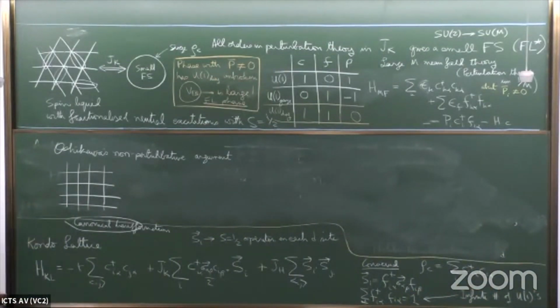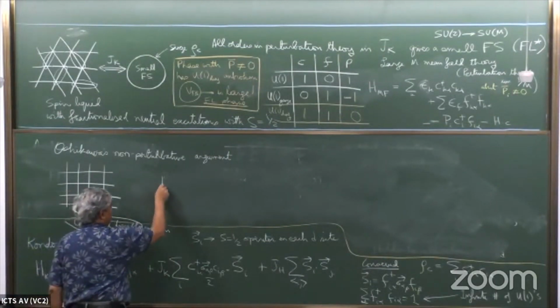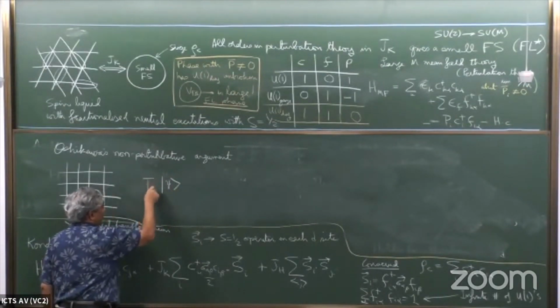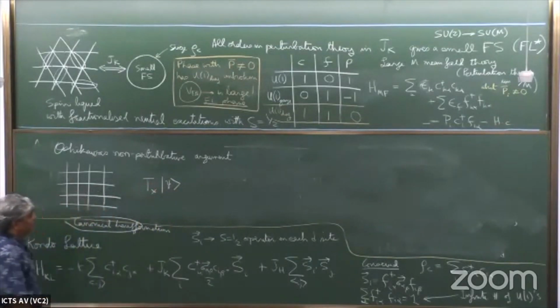So coming back to Oshikawa's argument, you have full translational symmetry, so discrete translation symmetry in the X and the Y direction. So we can define, if I have any state of the system, in particular the ground state, any eigenstate psi of the Hamiltonian, it's an eigenstate of translation by one lattice site.